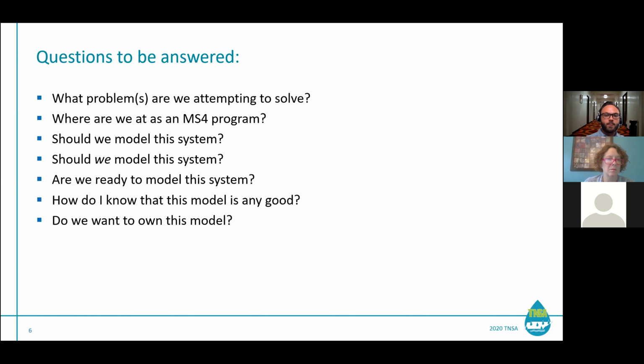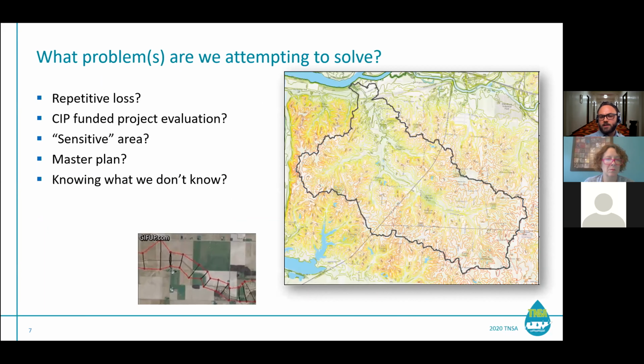What problems are we attempting to solve? Stormwater modeling could solve a lot of problems. It could also introduce new problems that you didn't know that you have. Oftentimes, you know maybe where your repetitive loss properties are. You know what you would like to fund via different mechanisms as a capital infrastructure program project.